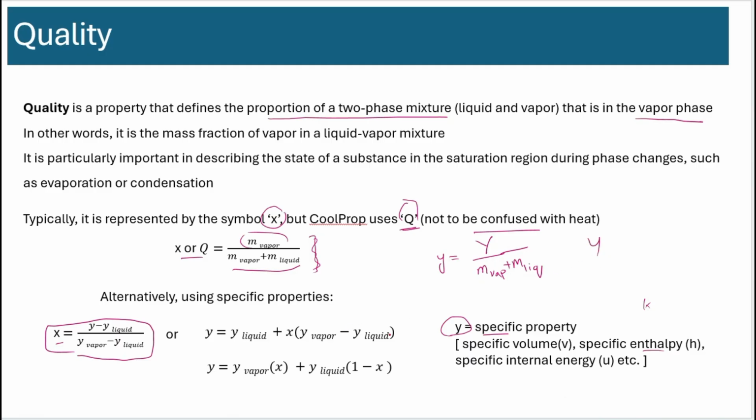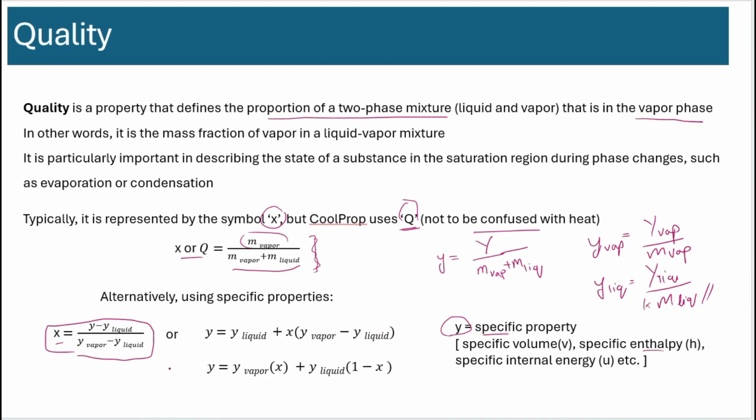Same way, the Y vapor and Y liquid will be correspondingly related like this, right? Y liquid will be Y liquid by M liquid. So if you substitute these, you can derive the same equation yourself.